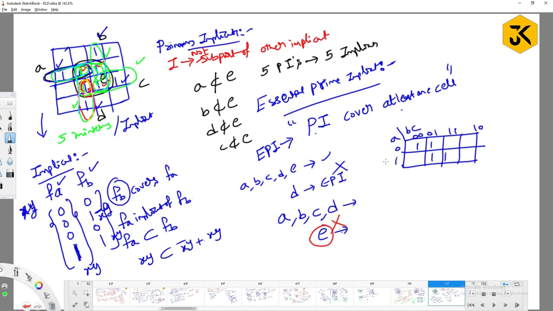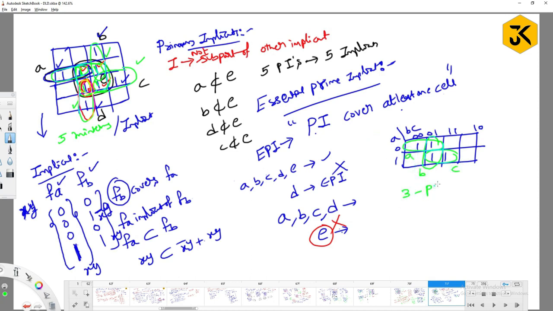First, try to identify all the essential prime implicants, right? Or else directly find all the prime implicants first, right? So this is one prime implicant, this is one prime implicant, this is one prime implicant, and this is also one prime implicant, right? Why am I saying that the middle one is a prime implicant? Because it is not part of any other prime implicant, right? So I got A, B, C as the prime implicants, right?